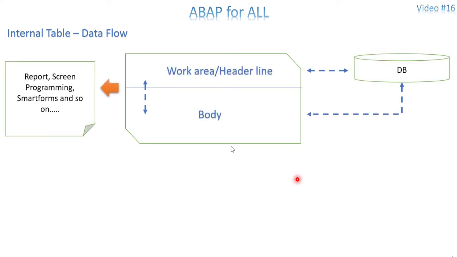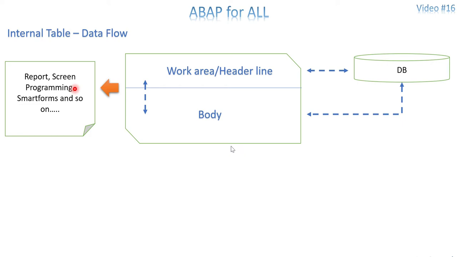Another one: the data flow is going to happen between the internal table and your target. The target may be a program or a screen or smart forms, whatever it is. In that scenario, I'm going to take the data from the body to a work area, and from the work area to your target.